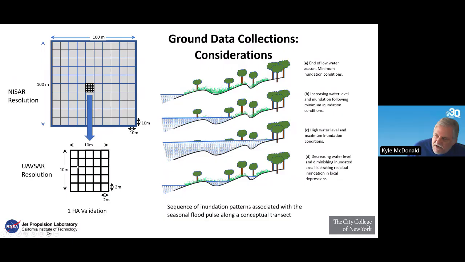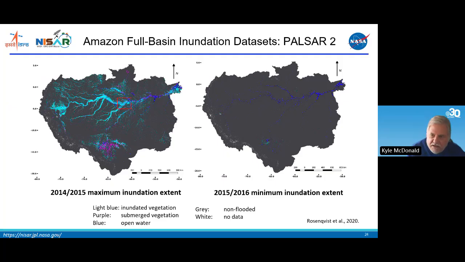We're planning this year in May to fly the NASA UAVSAR, which is a high resolution airborne radar that NASA JPL flies, and we're going to underfly the NISAR satellite. So we will have coincident NISAR observations and very fine scale, high resolution radar images, along with data from in situ sensors that we have in place to look at inundation state, to do an accurate calibration retrieval of the inundation state and assess just how well NISAR does in those retrievals.